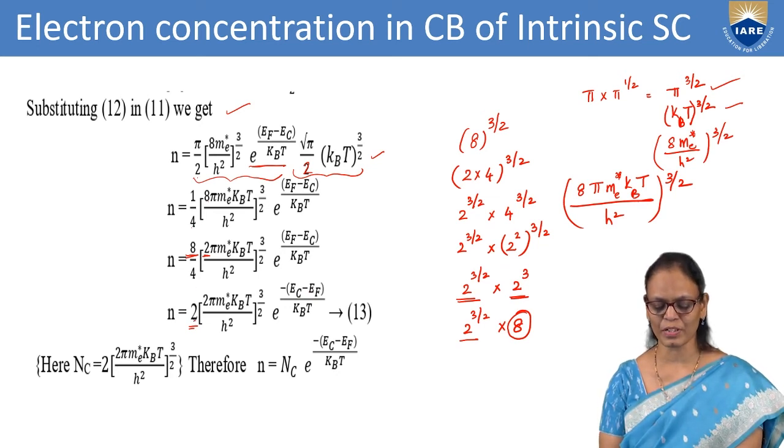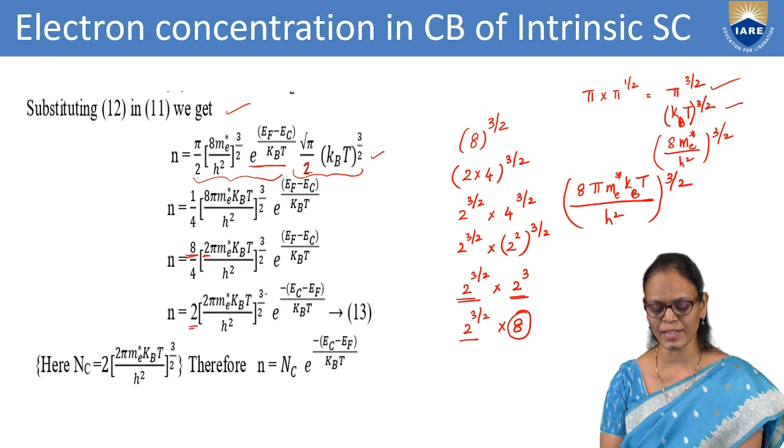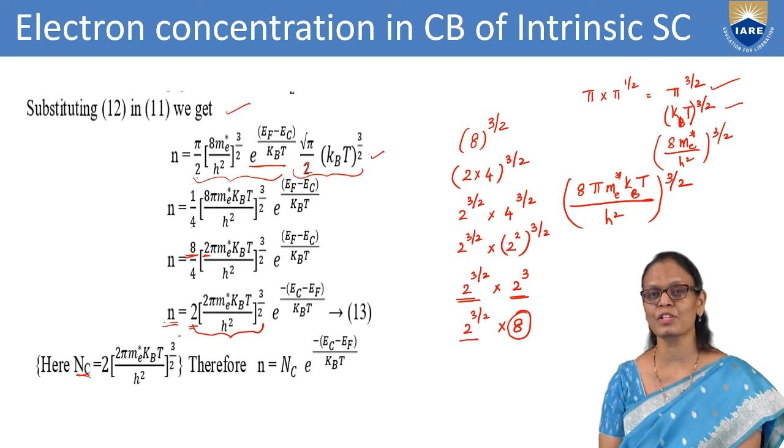So what we have here is 2 pi me kBT by h square. All these are constants. So for all these constants, we are going to represent it by NC. Capital NC is a constant which is 2 into 2 pi me kBT by h square power 3 by 2. So for all this, if I substitute NC, how do I write the expression for N?